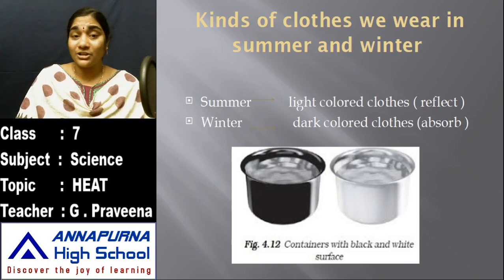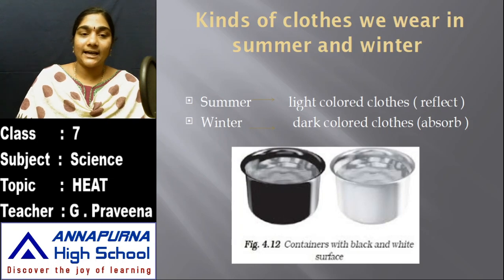You can do that with your hand, to find which container has hotter water and which is colder. You observe that the water in the black coated container is hotter when compared to the water in the white coated container.